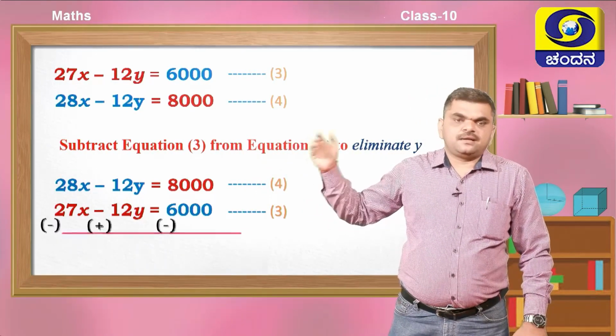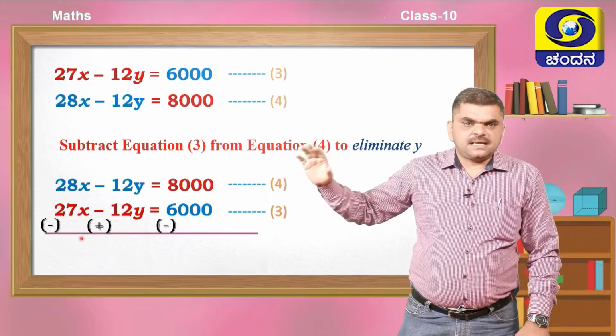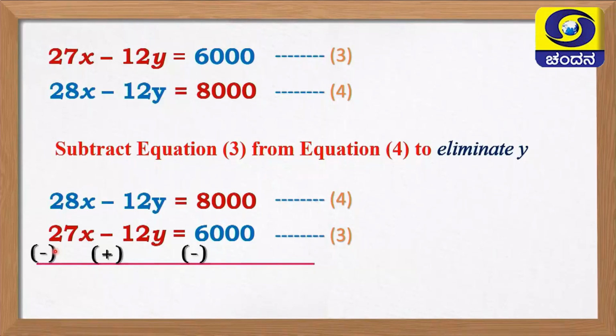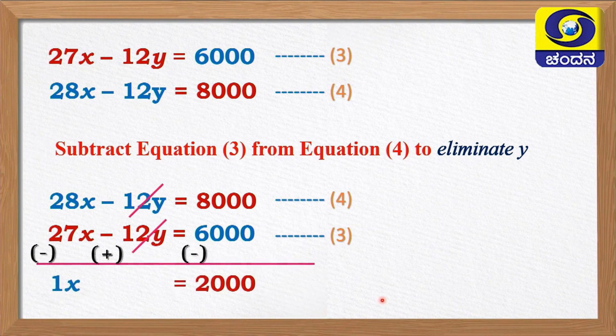When I subtract, the signs will interchange: plus becomes minus, and minus becomes plus. So, 28x minus 27x becomes 1x, and 12y and 12y get cancelled. So, x is equal to 8000 minus 6000, that is 2000. We got the value of x as 2000.